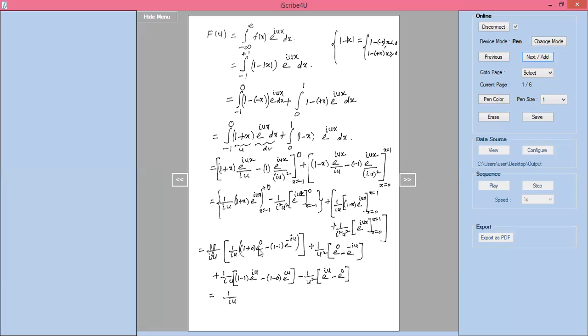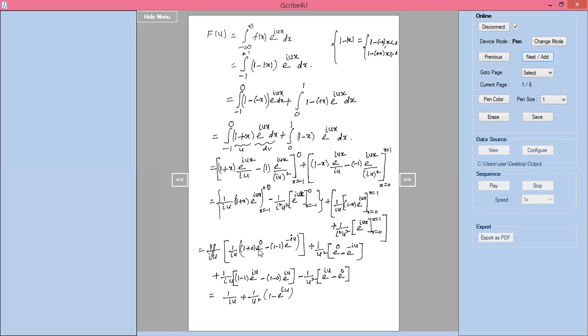So first term should be 1 divided by iu. Next one should be plus 1 by u square into 1 minus e power iu.